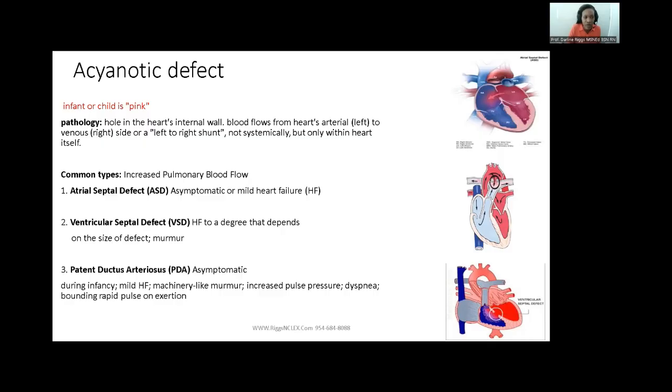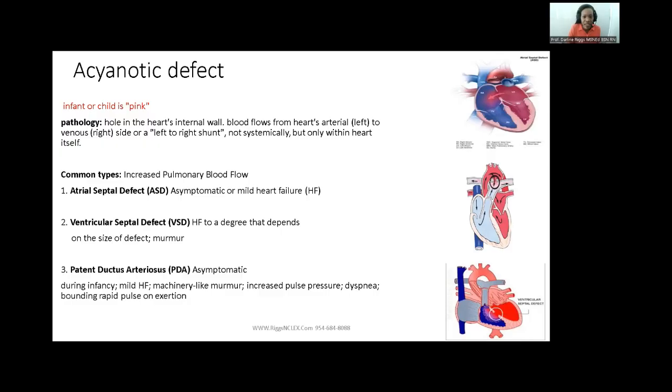Again, we can see this in utero. While they're in mom's belly, we can see this. So that's not normal. And you see how red blood is going to the blue side. So they lose a little bit of that. But there's lots of red blood going through the aorta. That's why they're pink. They're not blue. That's ASD. If it's mild, the child may not even show any signs and symptoms.